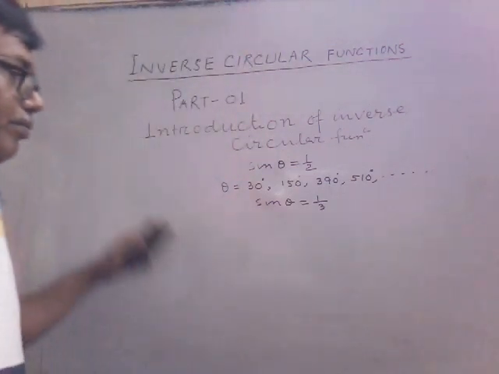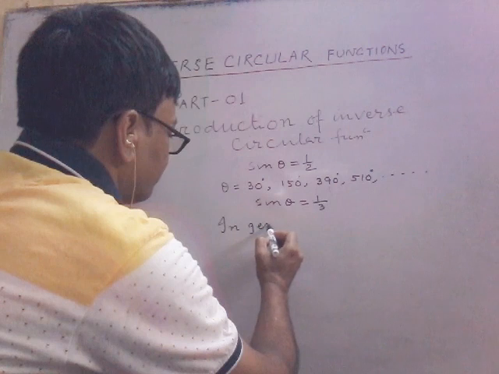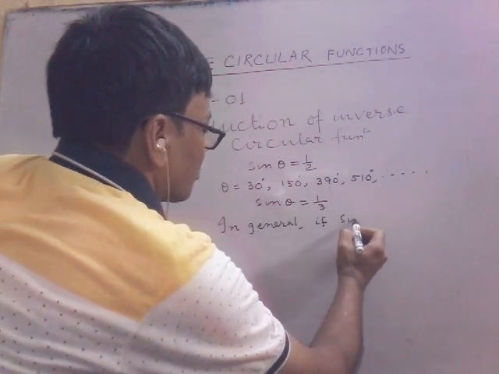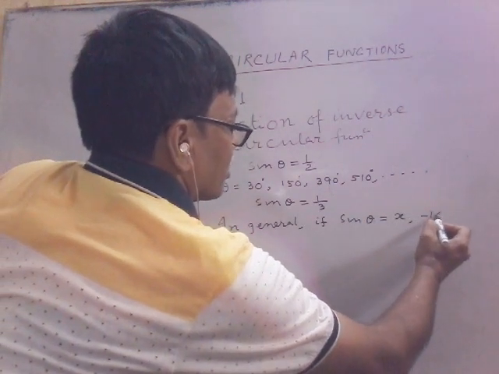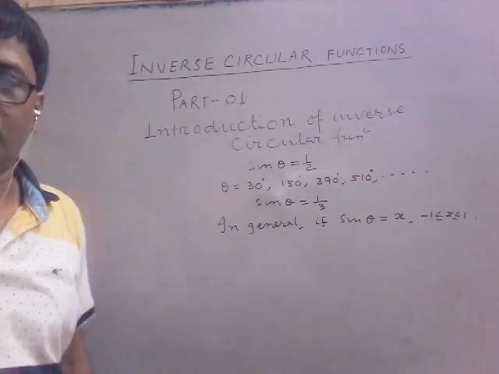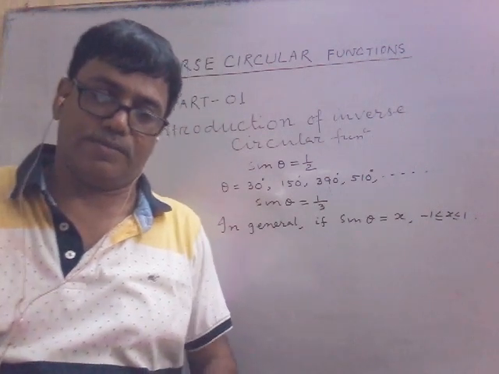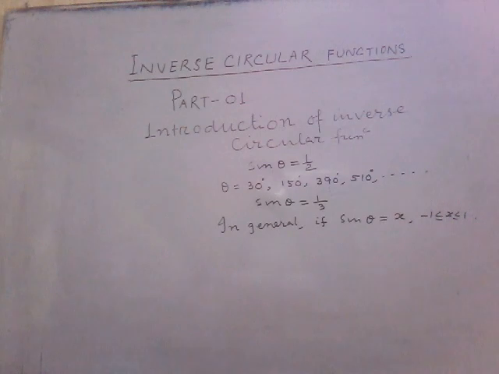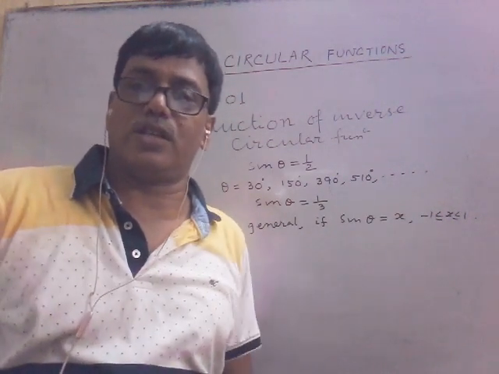In general, if sin theta equals x, where x lies between -1 to +1, it means theta is such an angle whose sine is equal to x.